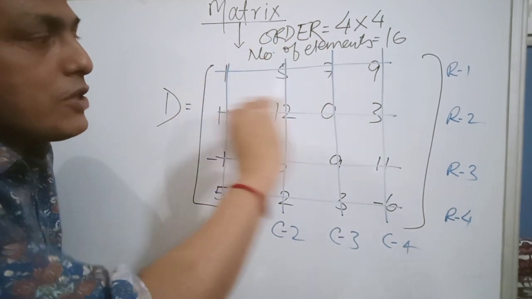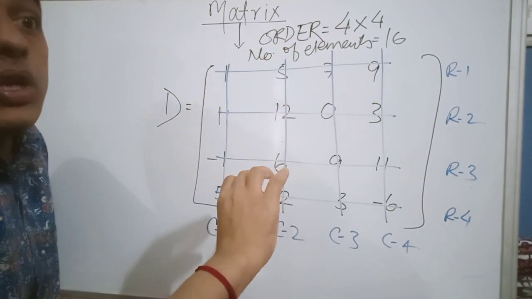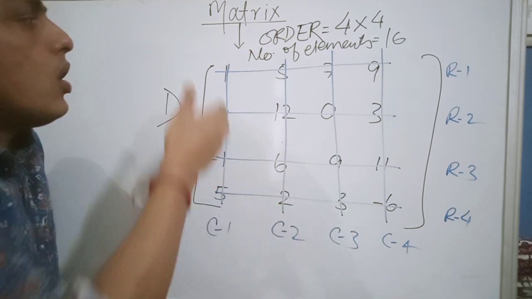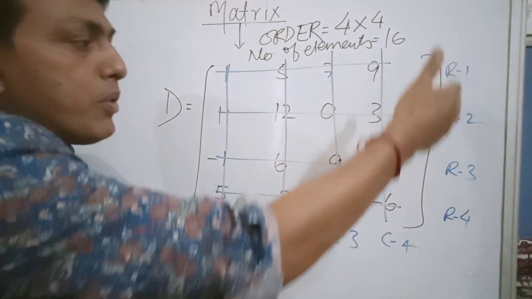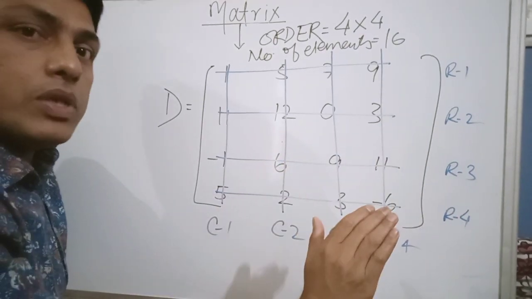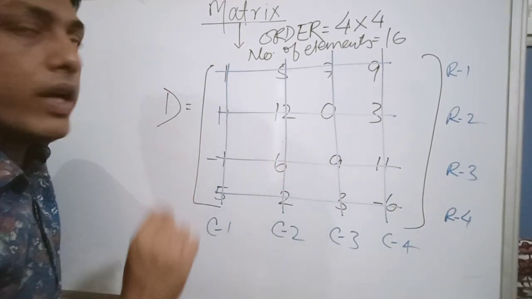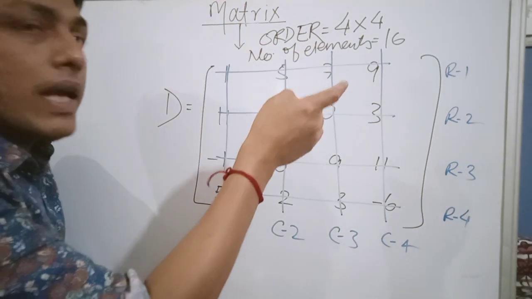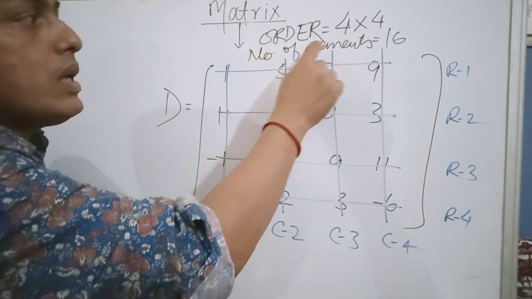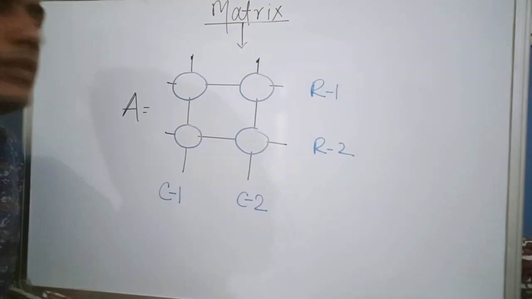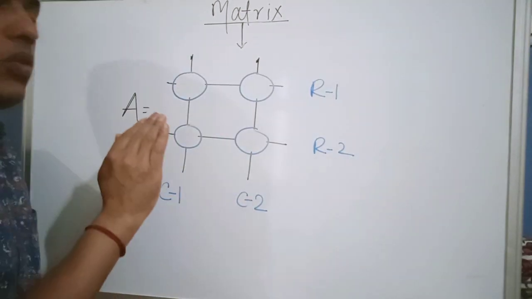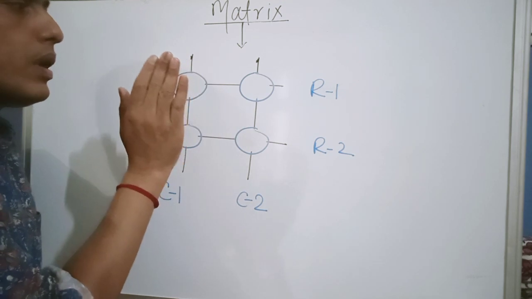So horizontal arrangements, those horizontal lines are called rows, vertical lines are called columns. Number of rows by number of columns is order. When you multiply them, you will get the number of elements. Correct?